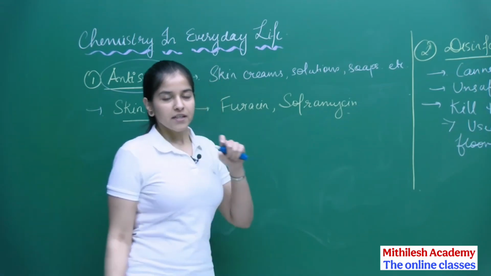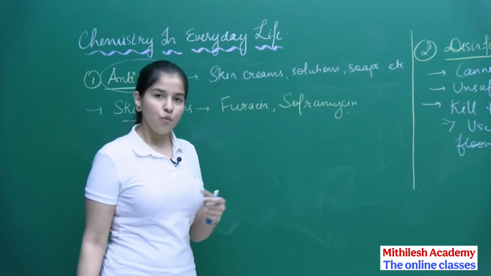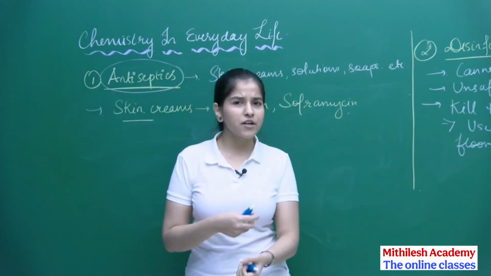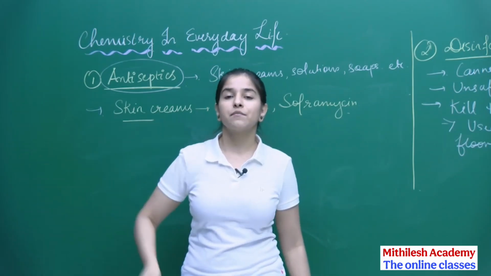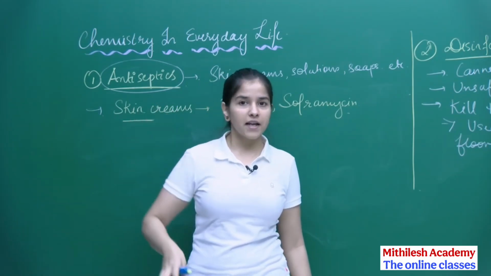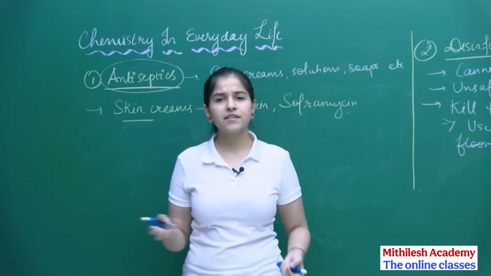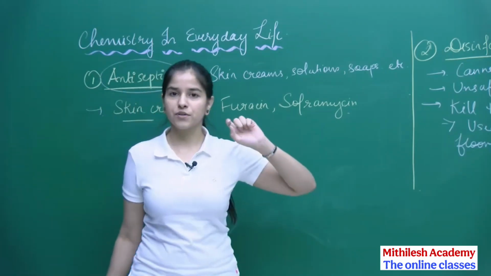You might have come across it at some point in your life. It is used to treat infections. If you have a rash or an itch that is not associated with a severe underlying disease, just a simple rash or itch, you may apply soframycin onto it.